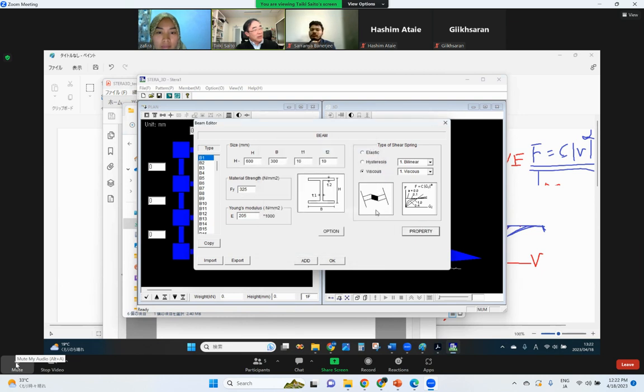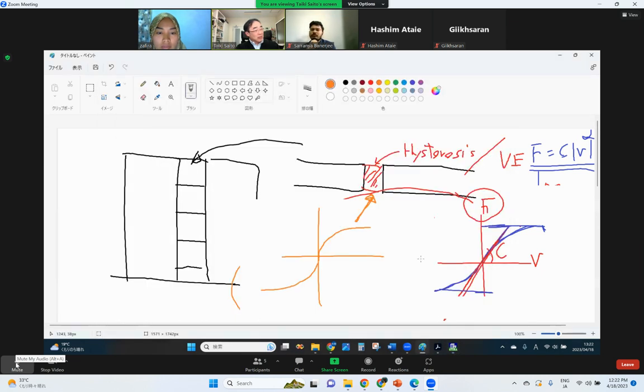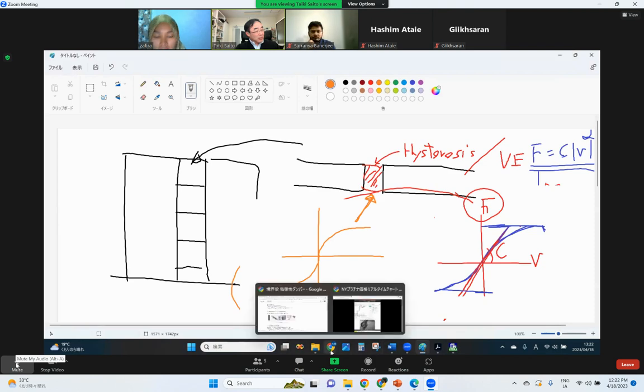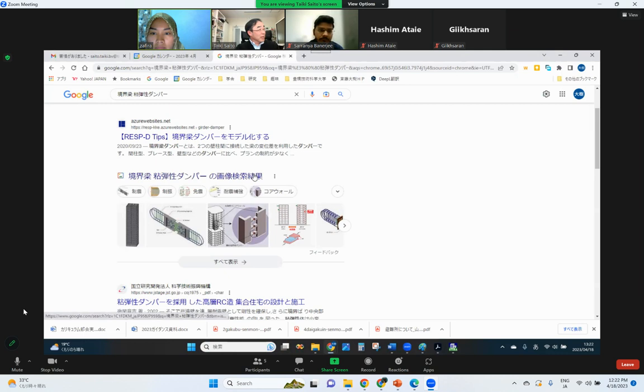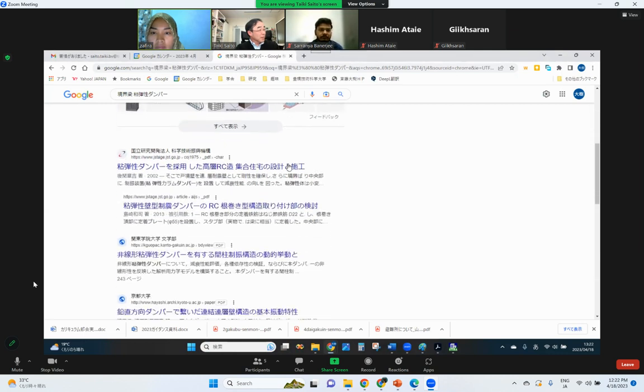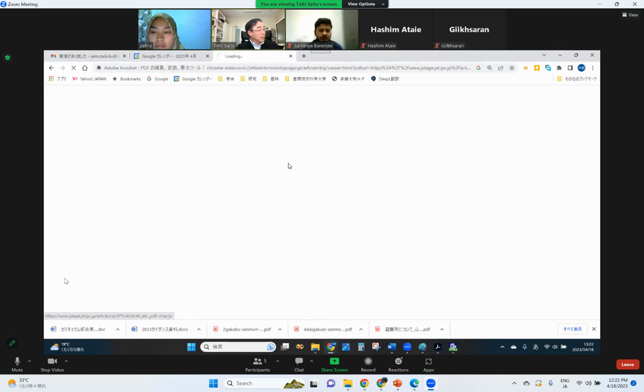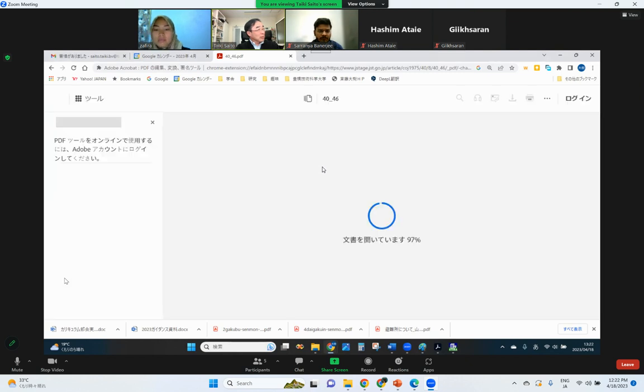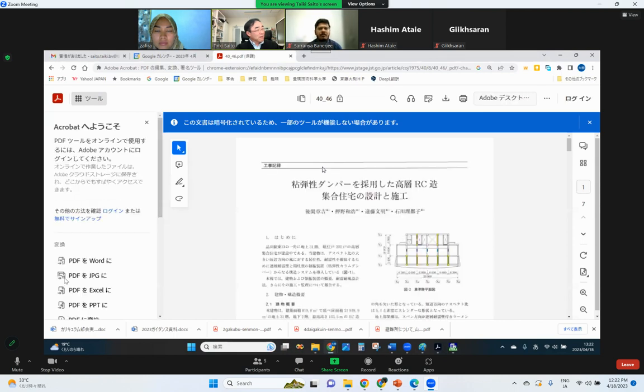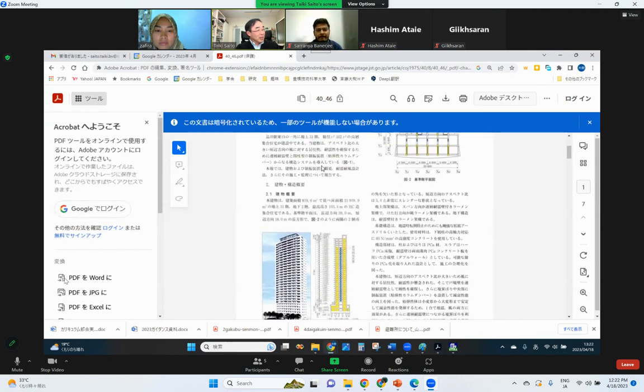The viscoelastic damper is very popular, but not for the coupling beam. We usually use it for shear walls.